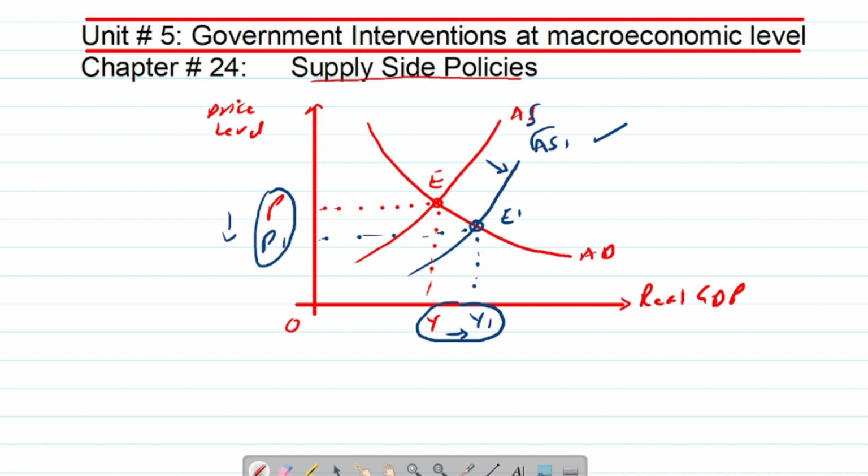And similarly, when aggregate supply is increasing, it means more production is taking place in the country, and it will require more workers to be employed, so employment also increases. And the next objective is correcting deficit balance of payment.